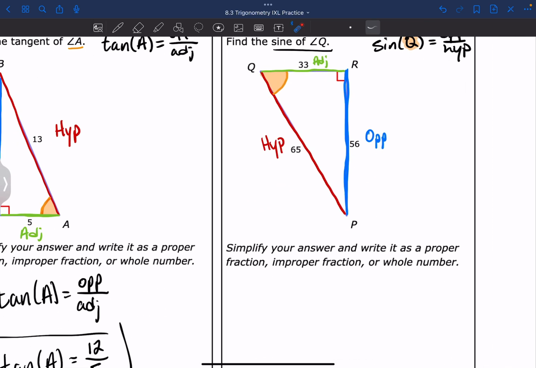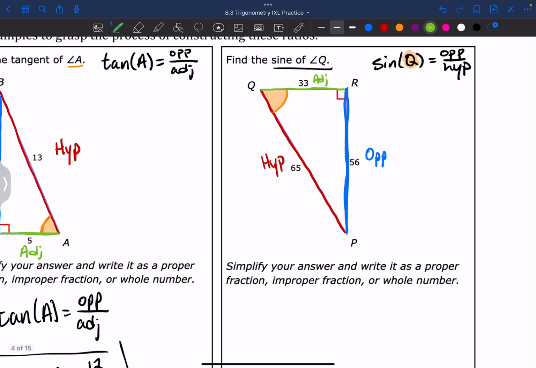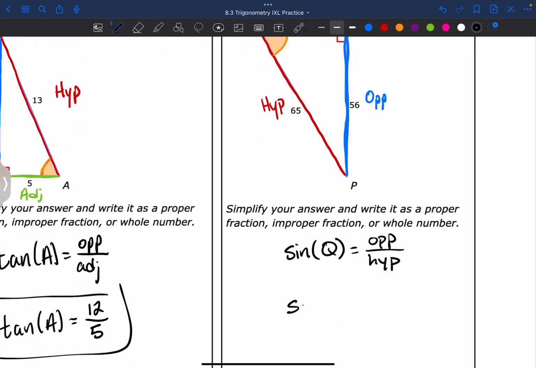So there we go, write my trig ratio. I'm going to construct it. Sine of angle Q is equal to opposite over hypotenuse. So it's going to be sine of Q equals 56 over 65.